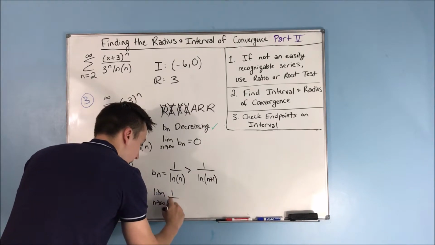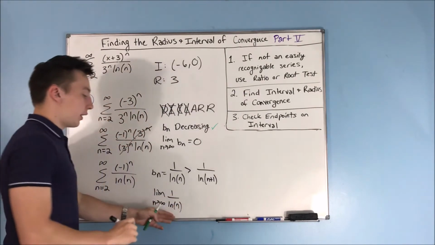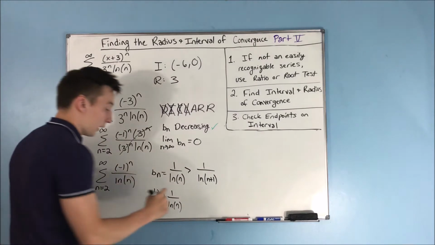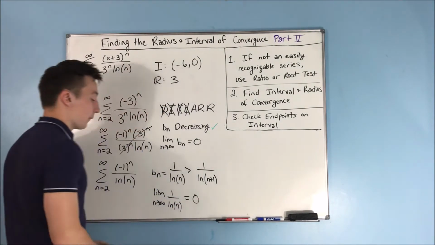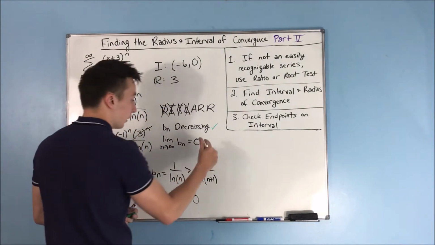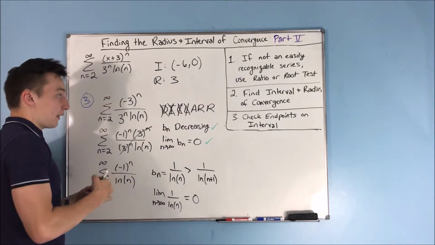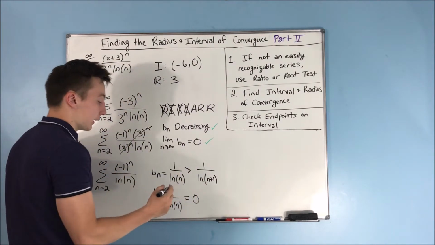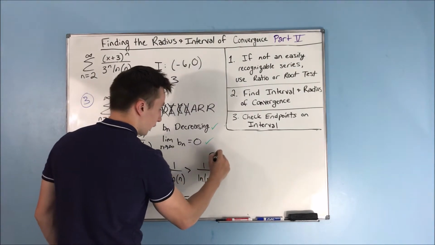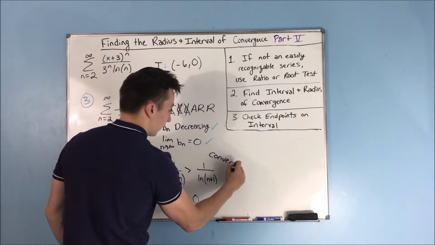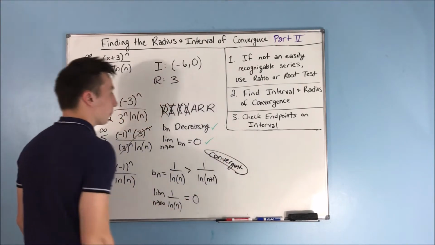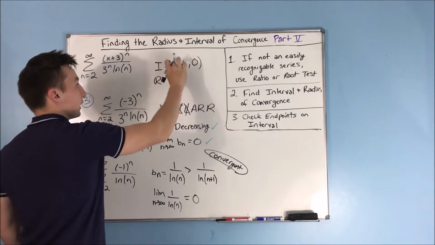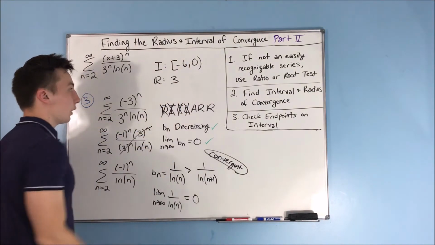We can see here that we will get an infinitely large denominator, so this limit equals 0. That satisfies the second condition, so we know that this is convergent by the alternating series test. I'll write that right here diagonally. Yep, perfect. So that means that this endpoint is going to be included.